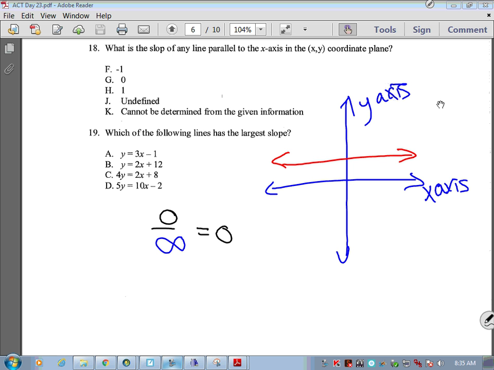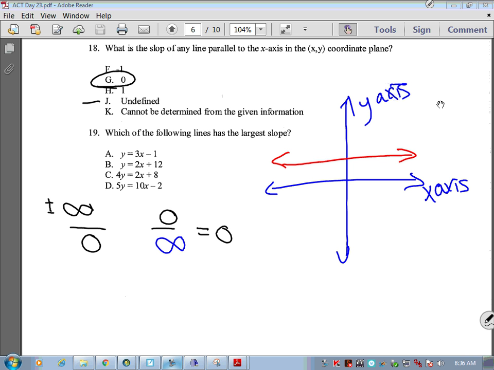So a horizontal line will always have a 0 slope. A vertical line, anything parallel to the y-axis, is undefined because it has rise. In fact, it has infinite rise, positive and negative, but it has no run.